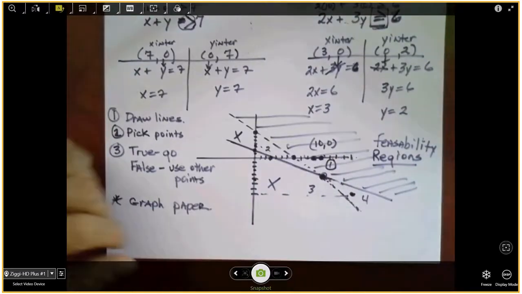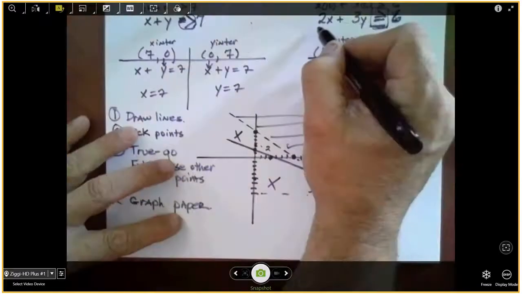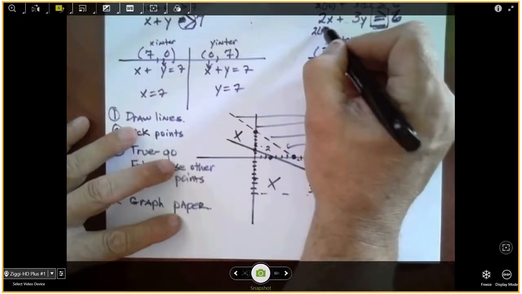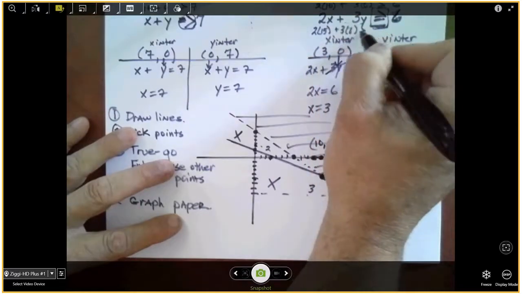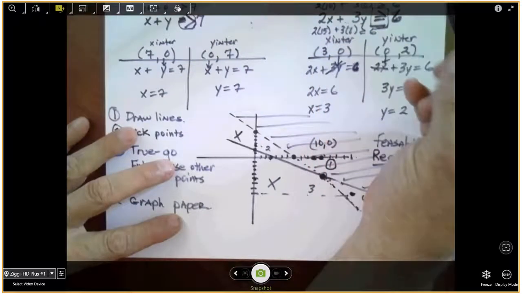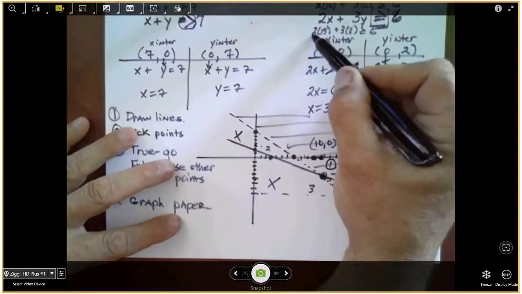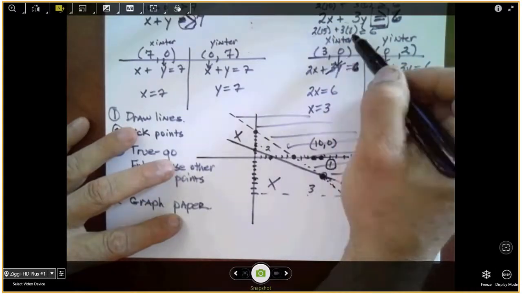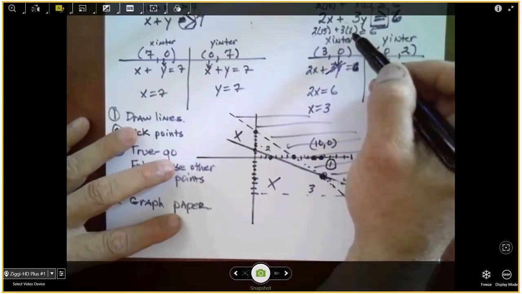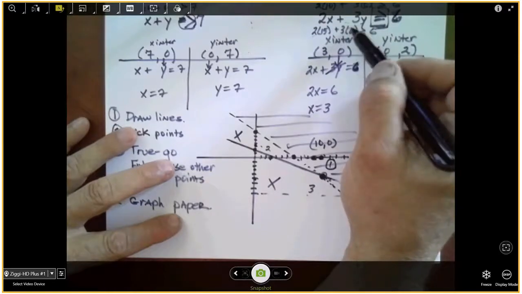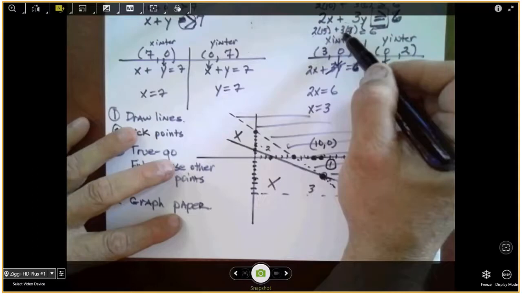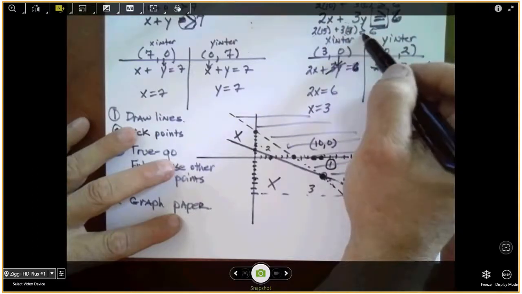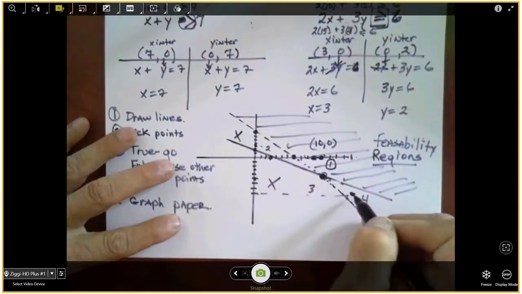Okay, so try 15 and 8 here. 2 times 15 plus 3 times 8 is greater than 6. Well, 2 times 15 is 30, and that's going to be a negative 24. 30 minus 24 is 6. So that may be a possibility.